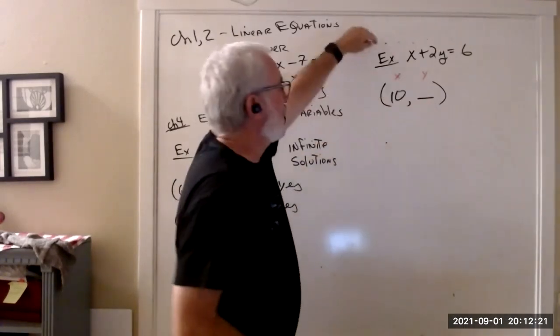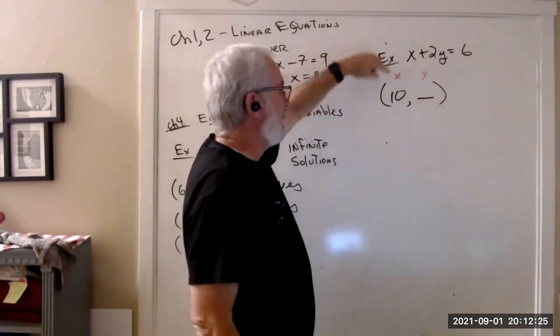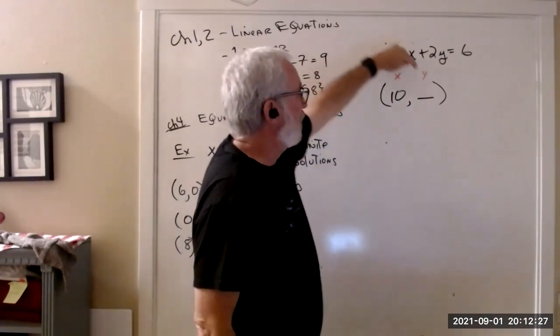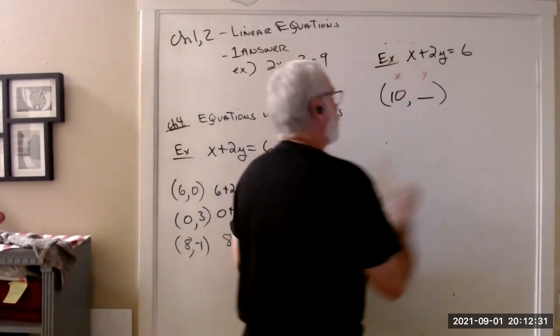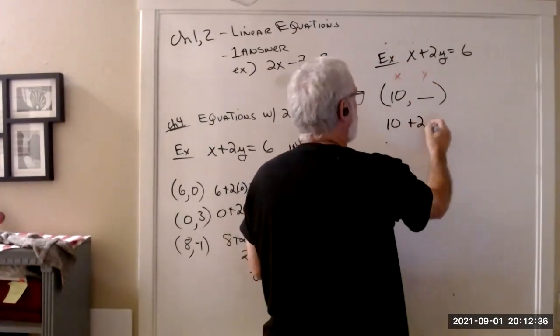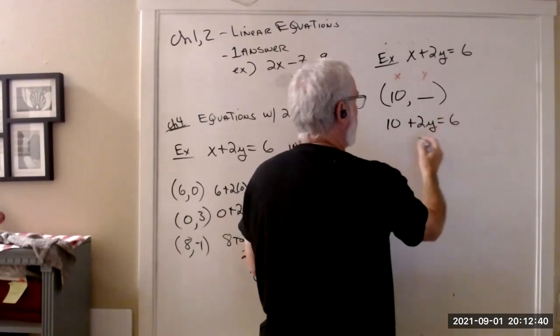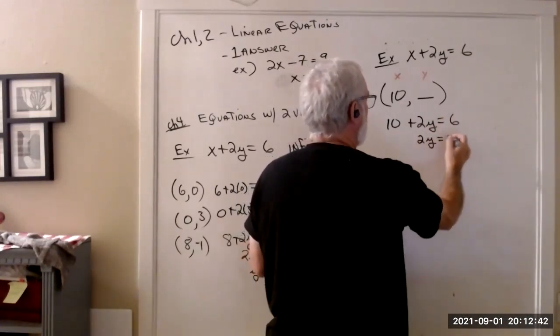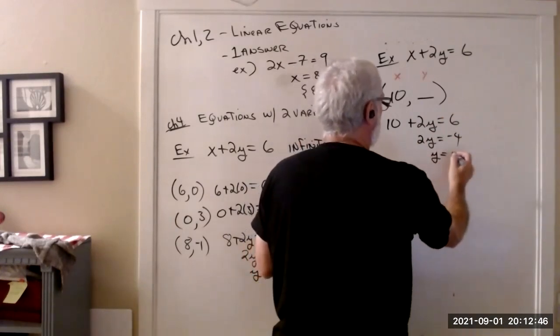So anyway, mom is going to give you some crazy equation and say, hey, if x is 10, can you figure out y? And that's real simple. You just plug in 10 for x, just like a formula, 10 plus 2y equals 6. Solve it, take away 10, so 2y is -4, y is -2.